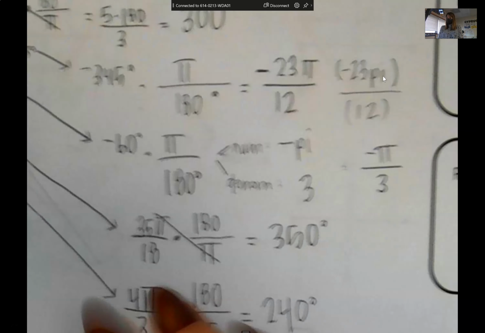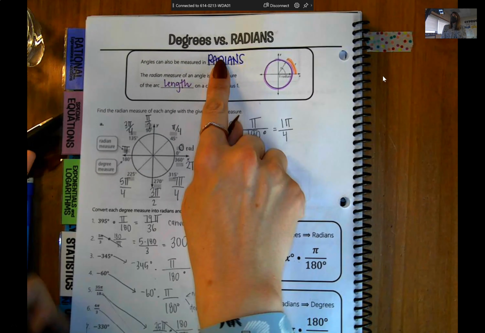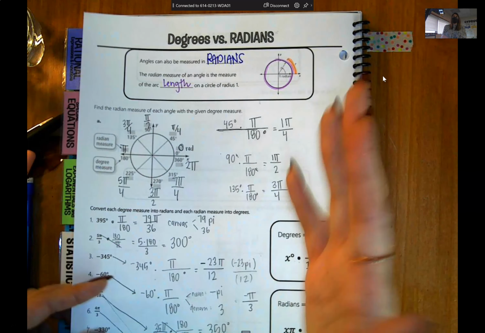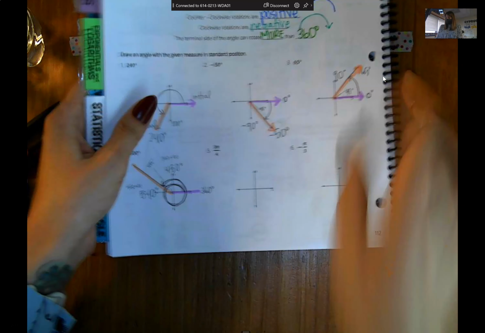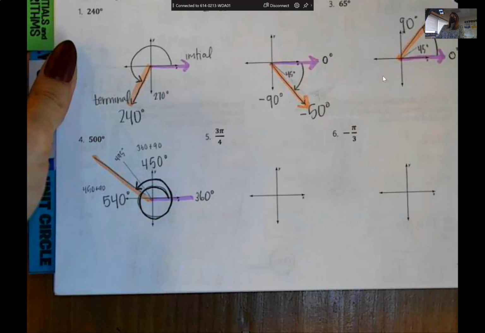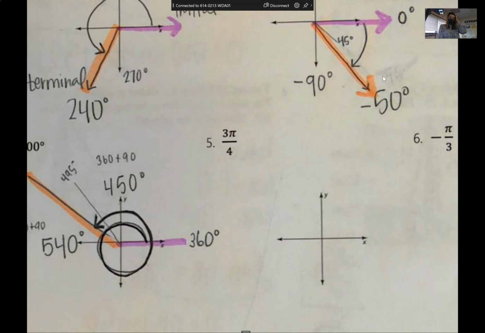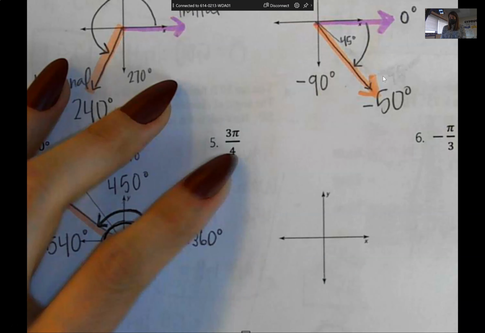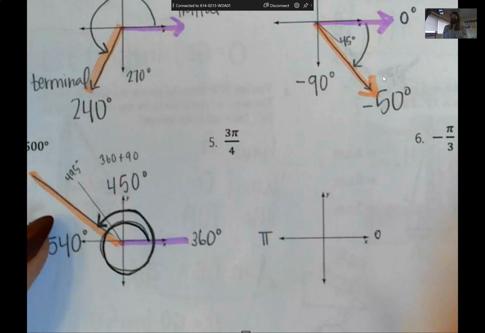And let's go back one page to revisit why we came to degrees versus radian. Remember, we're measuring the same thing. It's just like measuring in feet instead of measuring in meters. So I wanted us to be able to graph these two angles. So I would rather just graph in degrees, even though I know that this is 0 and this is pi.